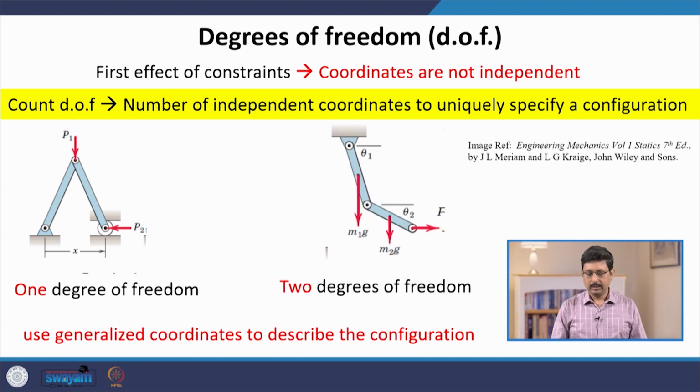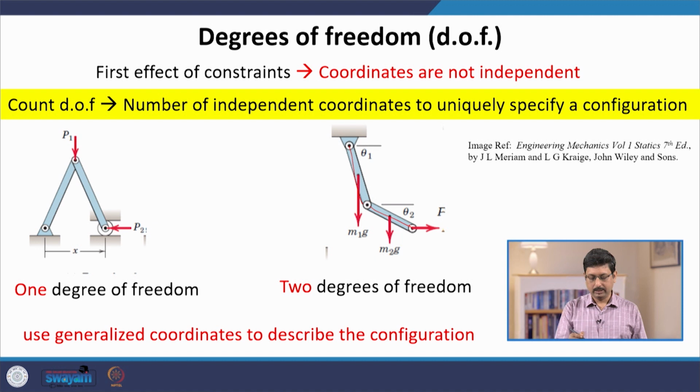Now, this is another slightly more complicated example, which I leave to you as an exercise to identify what the constraints are in this case. One constraint is that the length of this rod is fixed, and the length of this one is fixed.